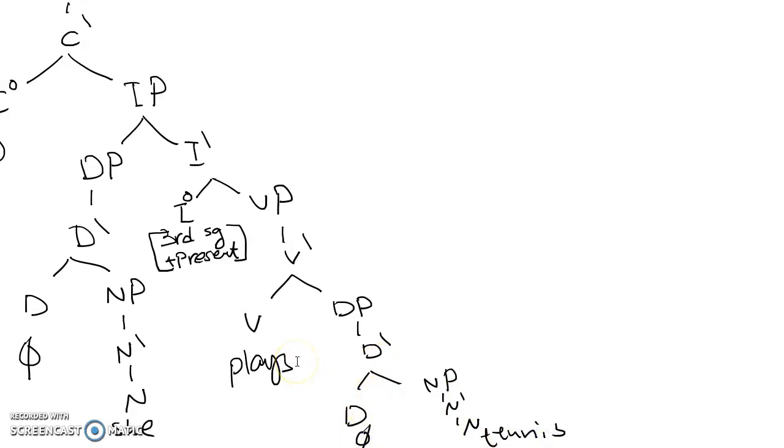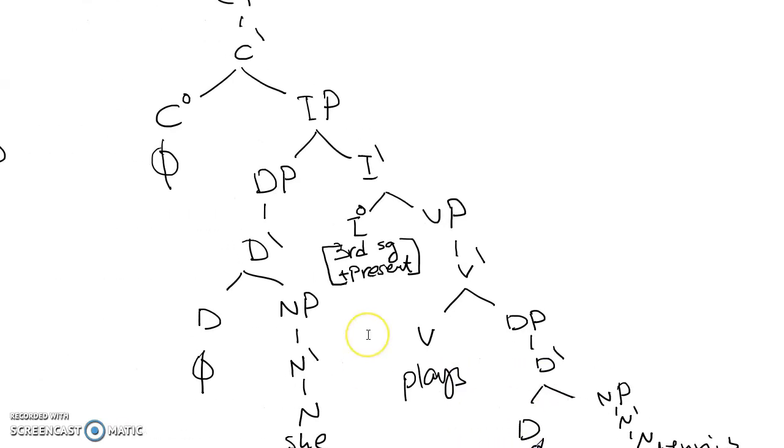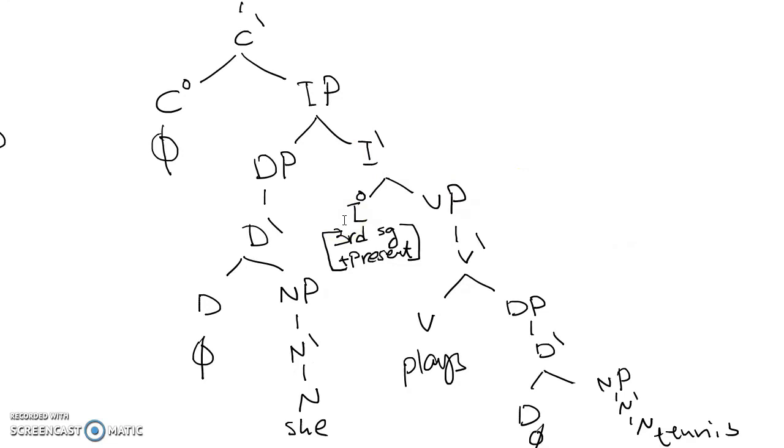So by the end, this is the final shape of my tree, as you see. It starts with a CP, even if we don't have a complementizer, but I have to include this step. It's over there.